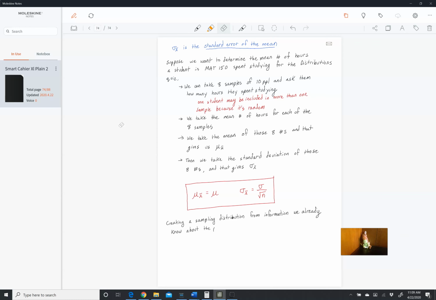Just so that you see how it would work. Typically what you would do is you would actually go around and ask people. Suppose that we have 4 people. The PPL is people.